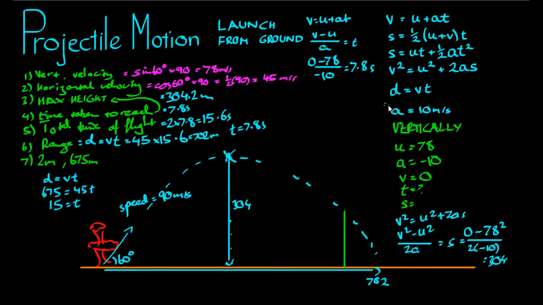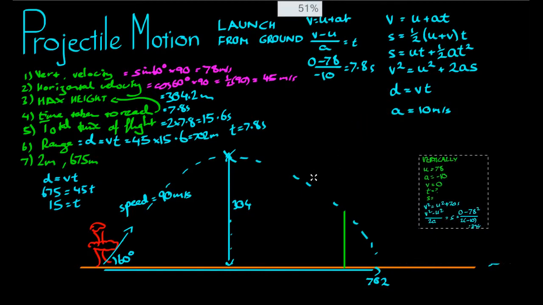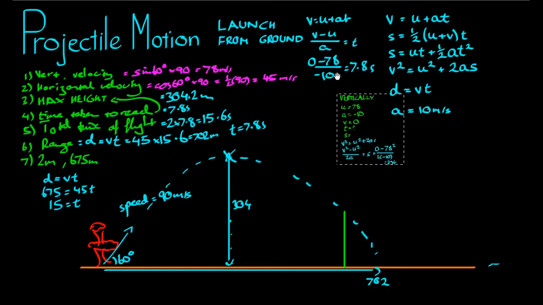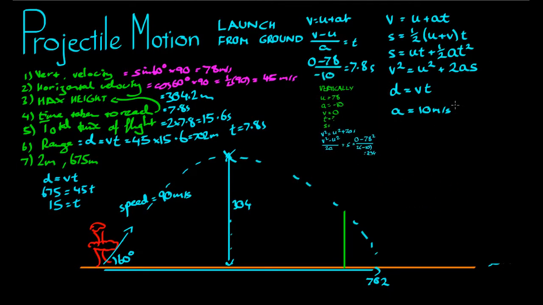So this is the last thing we're going to work out. Shrink all this down and move it over here. S, the height above the ground of this object, is given by ut vertically, that's 78 times 15, t being 15, plus a half, a is negative 10, times 15 squared.